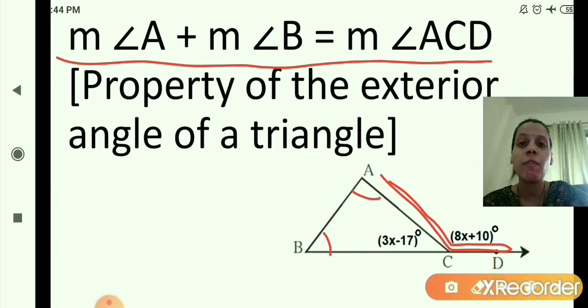What is the property? The measure of an exterior angle of a triangle is equal to the sum of its remote interior angles, right? So ACD is an exterior angle of triangle ABC. Which are the remote interior angles here? That is angle A and angle B, right? So angle A plus angle B is equal to the measure of angle ACD.